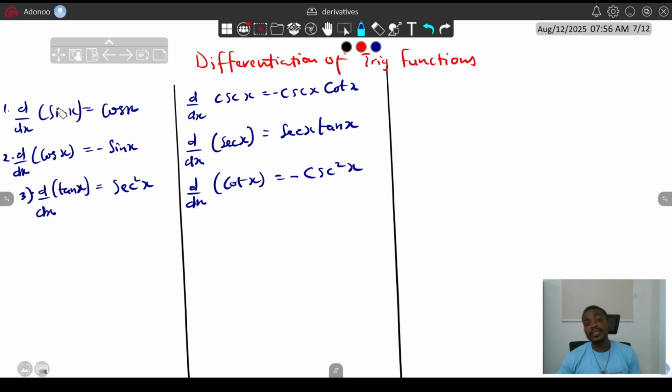If we differentiate sine x, we get cos x. We differentiate cos x, we get negative sine x. We differentiate tan x, and we get sec squared x. We differentiate cosec x, and then we get negative cosec x cot x. And it continues. So take note of this. We will use it as we progress.